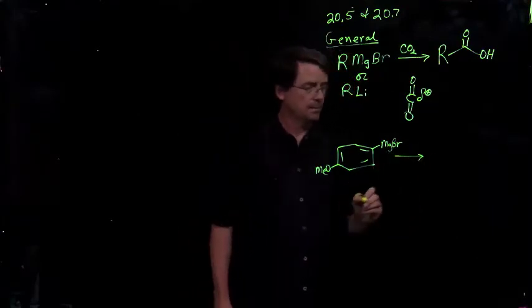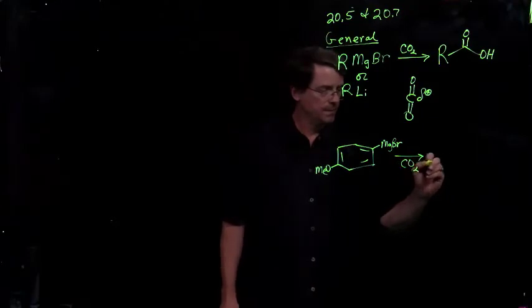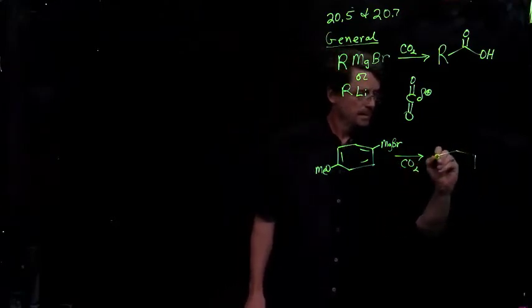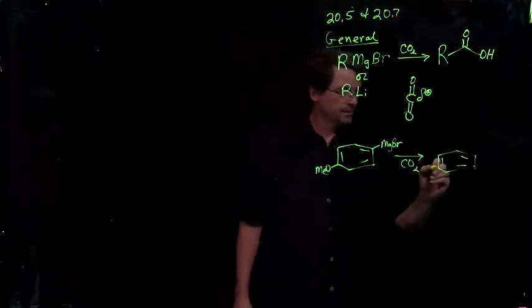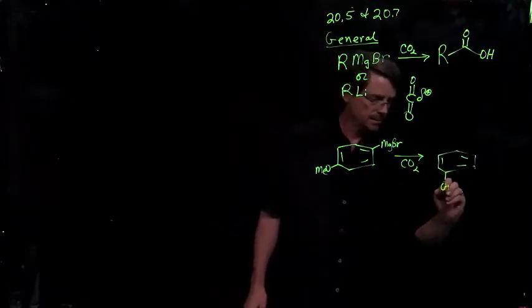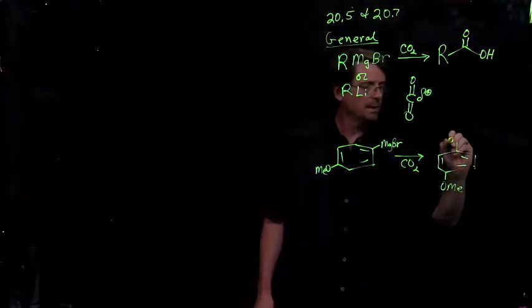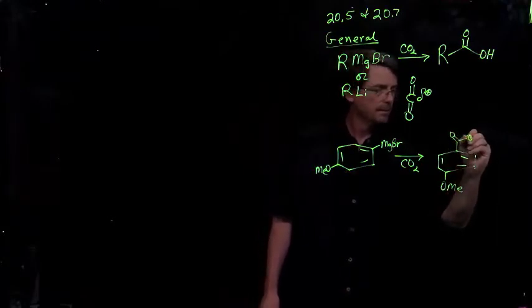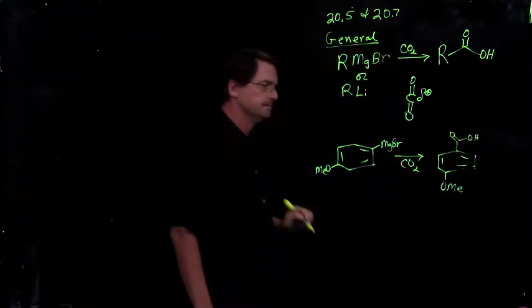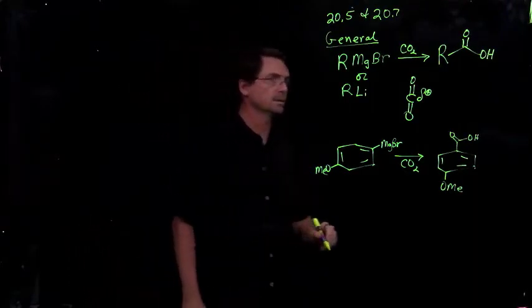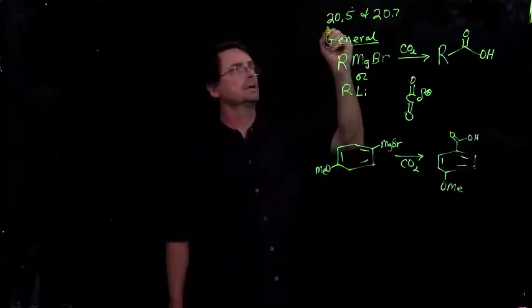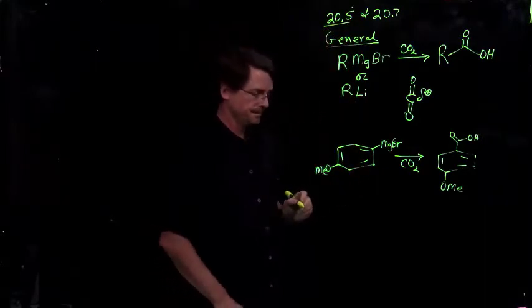You can then react that with CO2 and obtain good yields of the corresponding, and I'm going to move those substituents just to make it easier to write here, there's the desired carboxylic acid. So that's actually section 20.5.